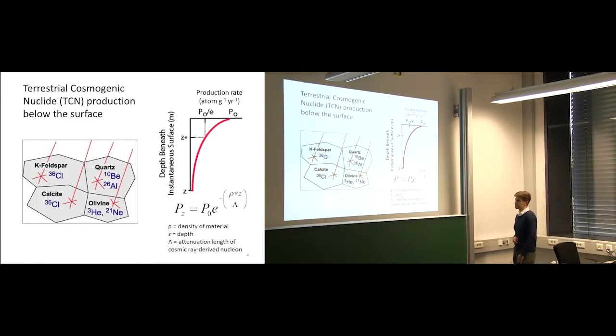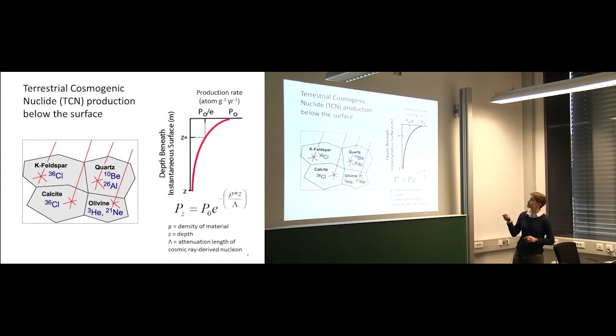These nuclides aren't only produced at the Earth's surface, they're also produced to a limited depth beneath the surface. Essentially, these cosmic rays are able to penetrate to some depth. If we're thinking about something like beryllium-10, which is a fairly simple system, what we tend to see is an exponential decrease in the production rate with depth.